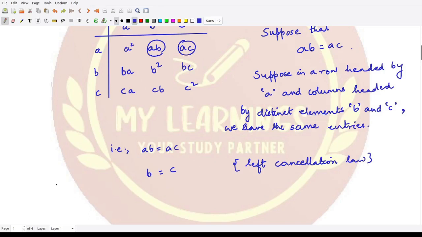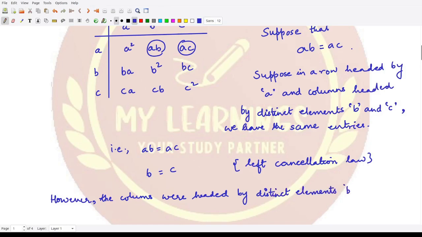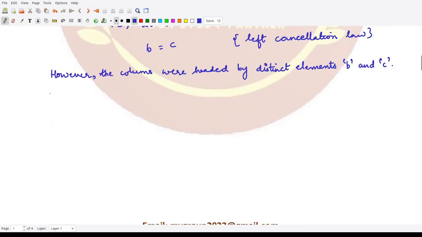So we would say this is a contradiction because we have assumed the columns were headed by distinct elements B and C, right? So whatever we have assumed was incorrect.